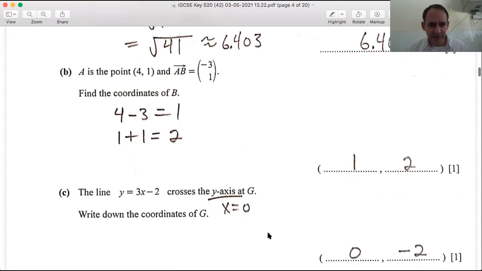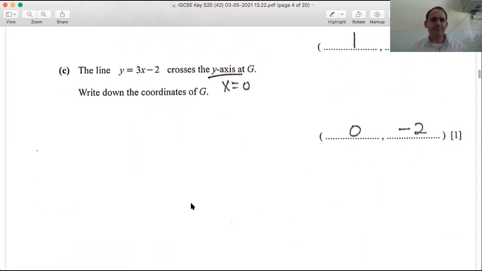So that gives us the coordinates (1, 2) for letter B, which is at the end of the AB vector. Part C, the line y equals 3x minus 2 crosses the y-axis at G. Crossing an axis is a key term here, because whenever you cross an axis, the other variable is 0. If you cross the y-axis, that means your x is 0.